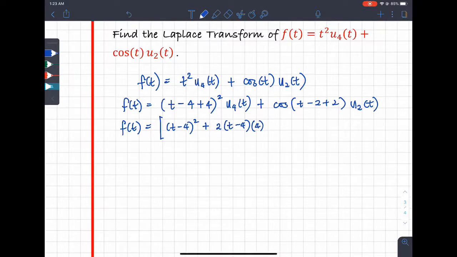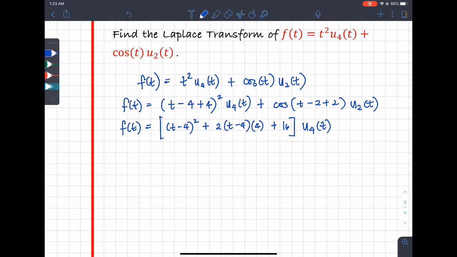This is just a binomial expansion. And then the last one, we'll just have plus 4 squared, which is 16. All of this is multiplied with our unit step function u sub 4 of t.